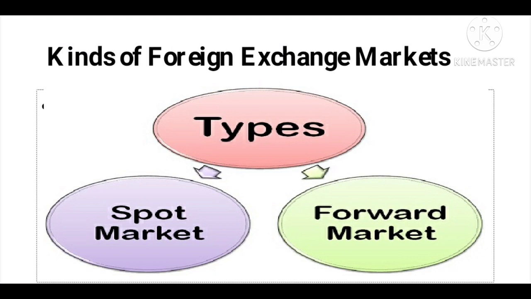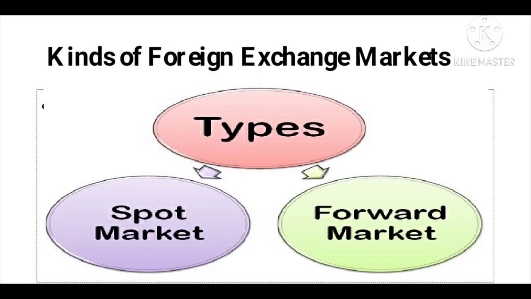Second is forward market. The forward exchange market refers to the transactions, sale and purchase of foreign exchange at some specified date in the future, usually after 90 days of the deal. That is, when the buyer and seller enter into a contract for the sale and purchase of foreign currency after 90 days of the deal at a fixed exchange rate agreed upon now, it is called a forward transaction.